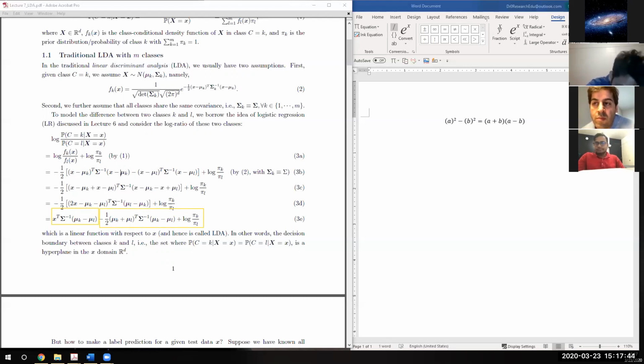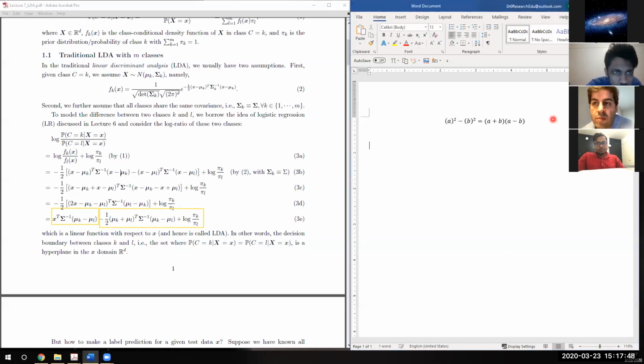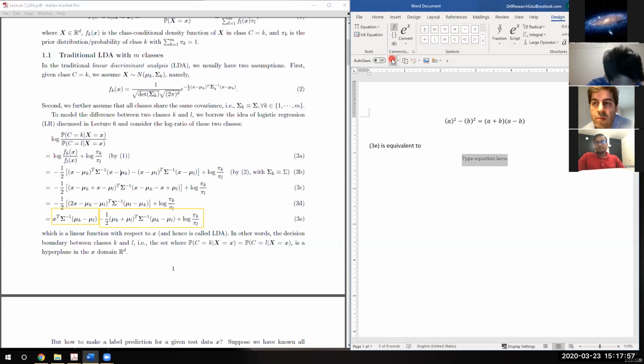Let me go back. 3e is equivalent to the following. Let's say I can say w transpose, I do need a bold w, x plus, let's say, w0.